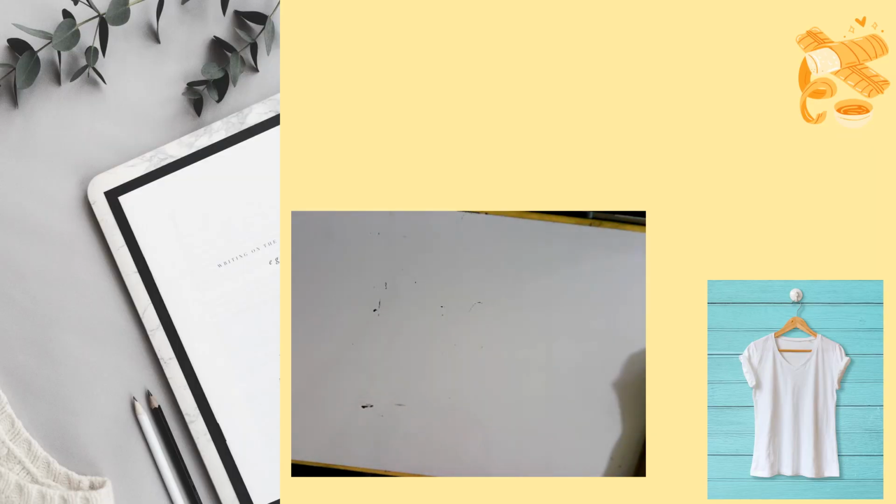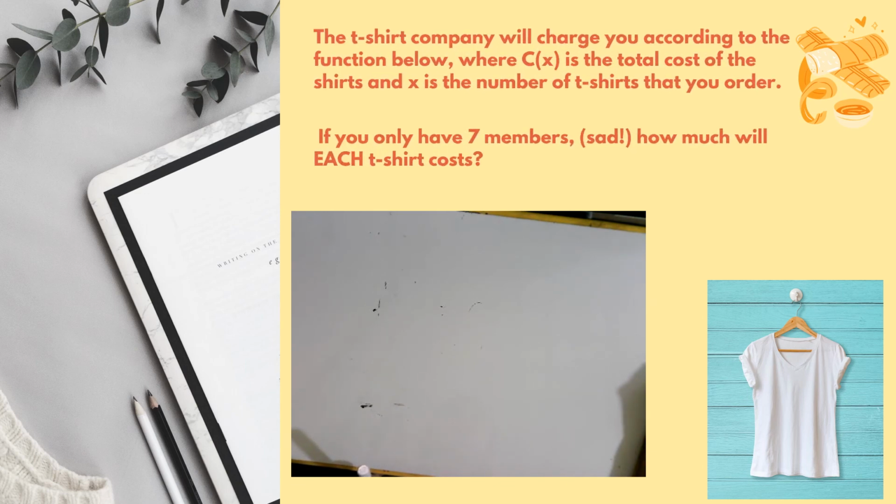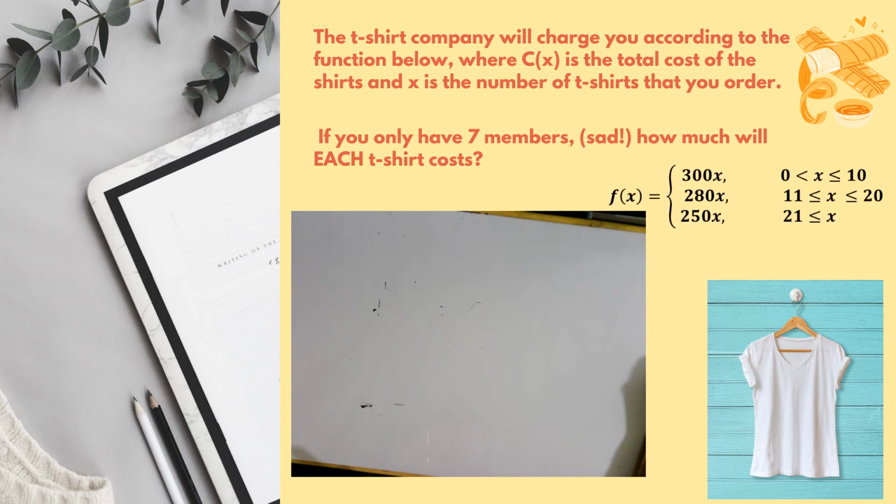Next. So, next is, if you only have 7 members sa math club, sad. So, how much will each t-shirt cost? So, ang tanong ngayon ay kada t-shirt. So, magkano nga ba ang magiging presyo kada t-shirt kung 7 lang ang membro?